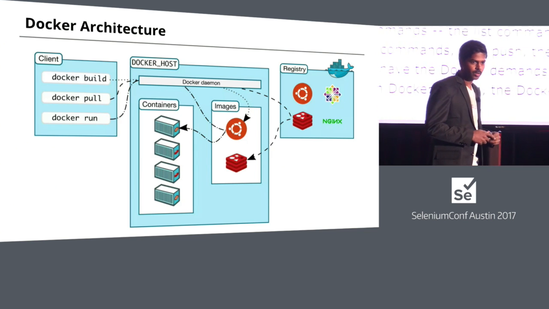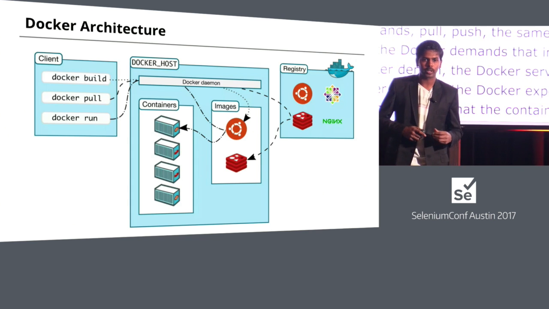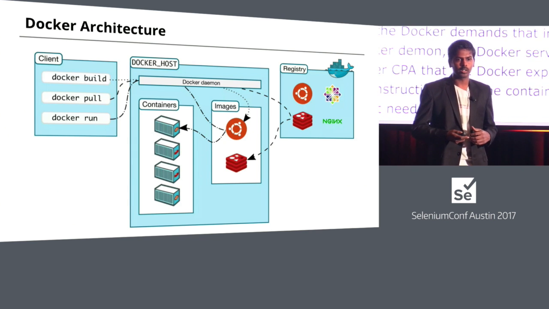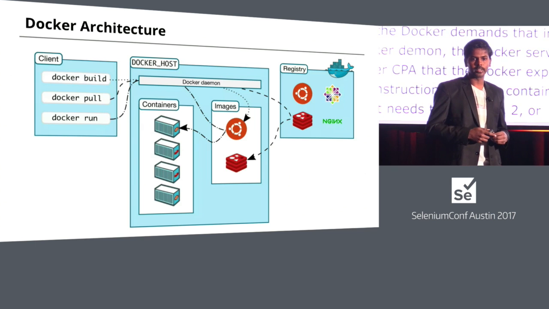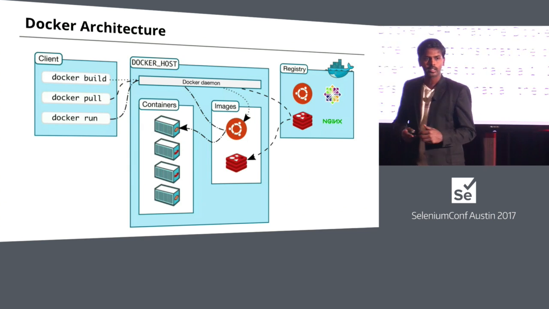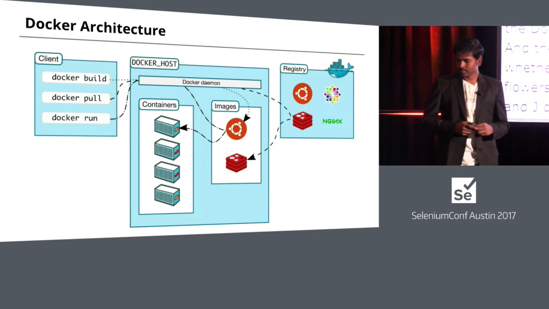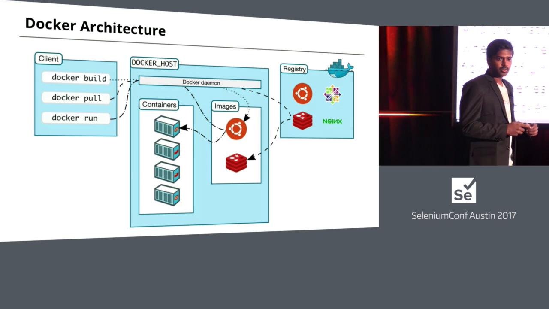And the instructions for a container, whether it needs to have Ubuntu or any flavor of Linux, and what dependencies it requires, all these instructions are noted in a file called Dockerfile, which I will show later.